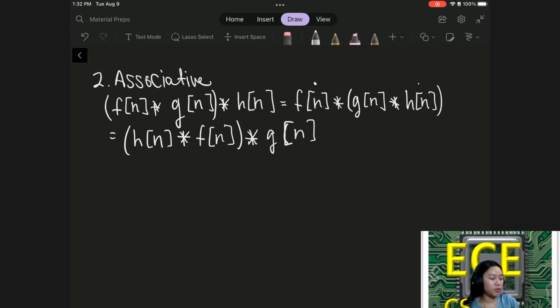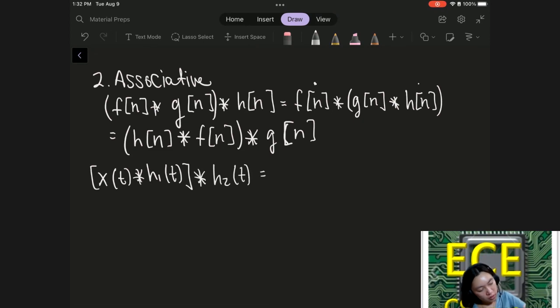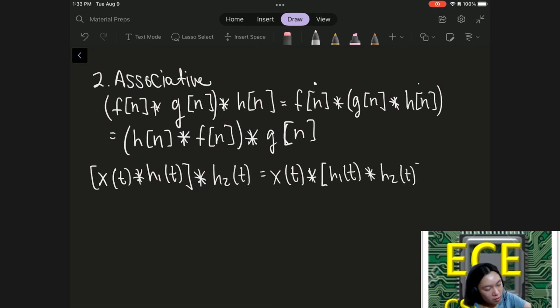And it's similar for the continuous case where it's x of t convoluted with h of t. Let me put h1 of t convoluted with h2 of t, which will still equal x of t convoluted with h1 of t convoluted with h2 of t.